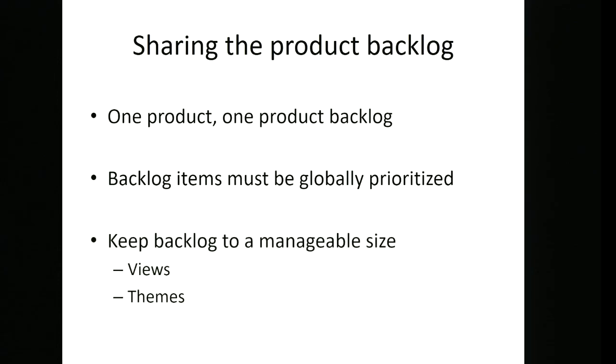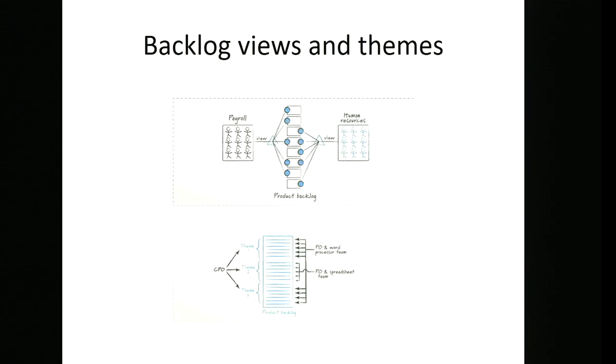But if you've got one backlog for a large and complex product with many different facets, how do we actually keep it to a manageable size? Well, there's 2 ways of dividing things up, and to be honest with you, they come out to be pretty similar, but one's called views and one's called themes, and we'll show a couple of examples here.